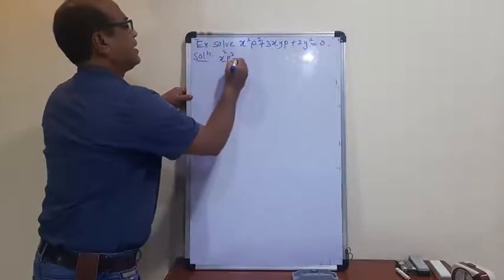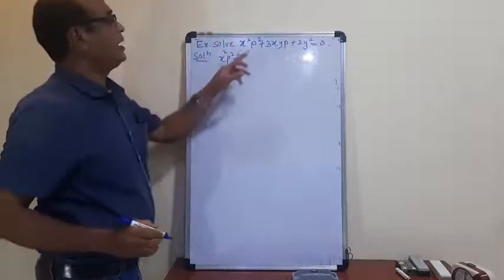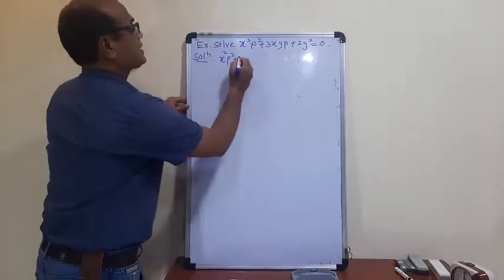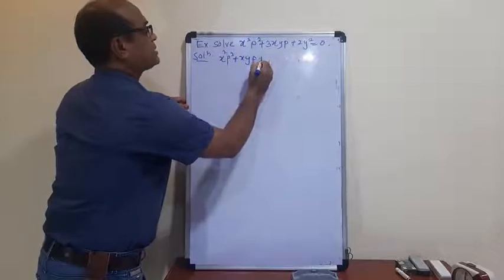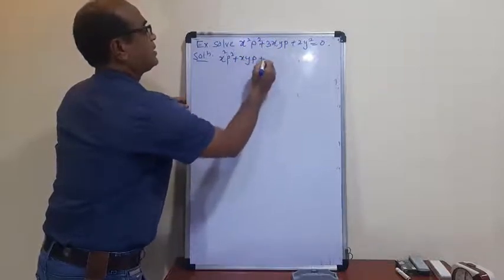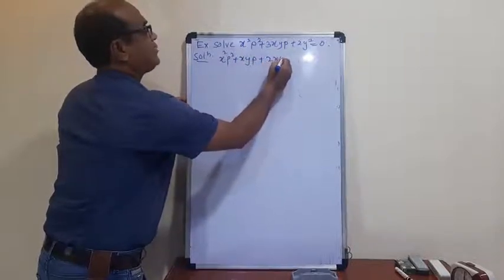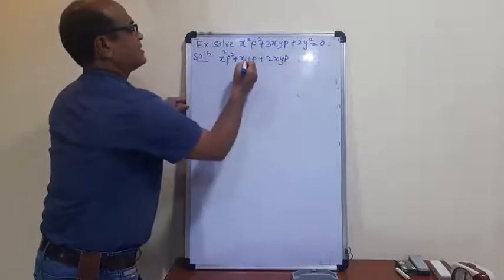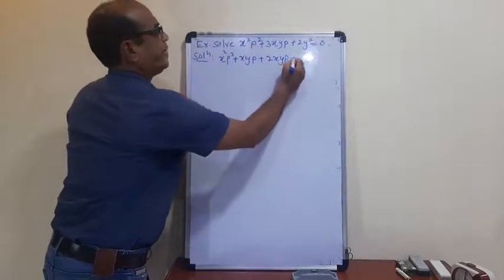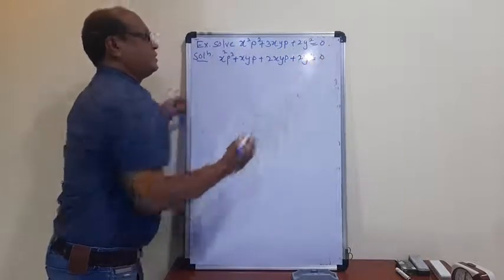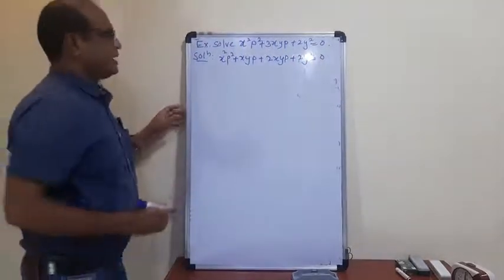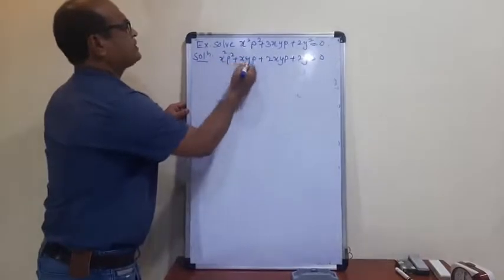xyp plus 2xyp. So this plus this is 3xyp. Plus 2y square is equal to 0. So we common out xp from these two terms.